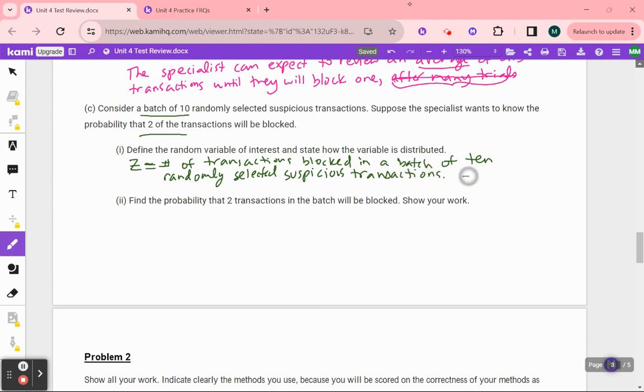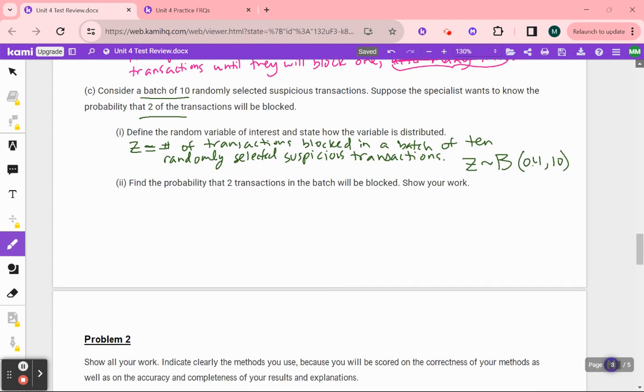And I note that Z follows a binomial distribution with probability of success 0.4 and number of trials 10. And we're going to find the probability that 2 transactions in the batch will be blocked. So I want to find the probability that Z is exactly 2. And that is 10 choose 2 times 0.4 squared times 0.6 to the 8.